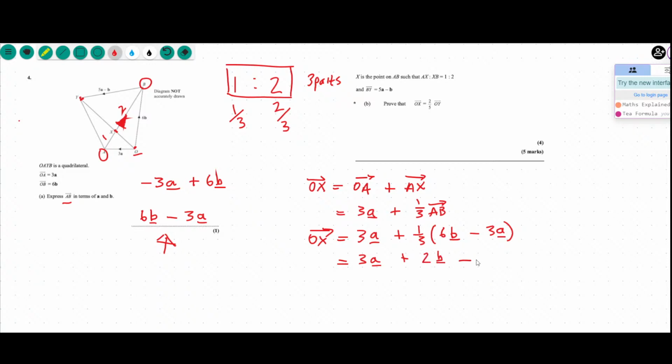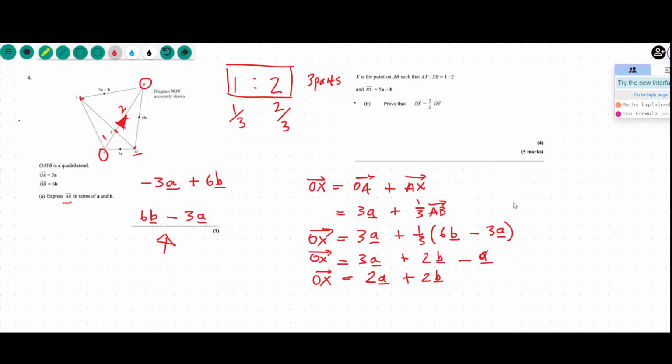Everybody, that's not a D, it's not an alpha, it's an A. And finally, OX is 2A, because we take away that A at the end there, plus 2B. How lovely. How often have you done a question and it's 2A plus 2B?